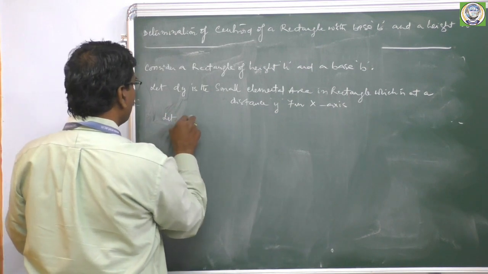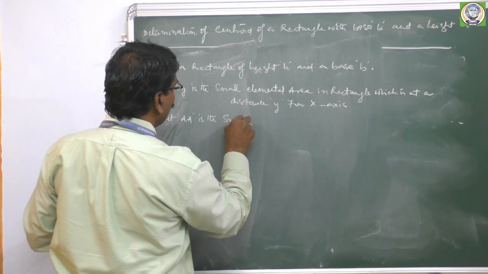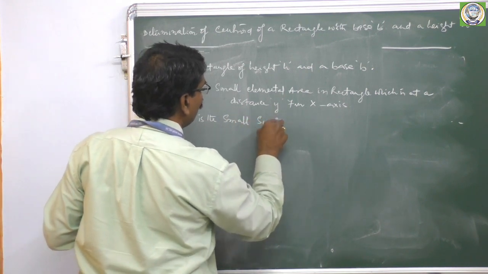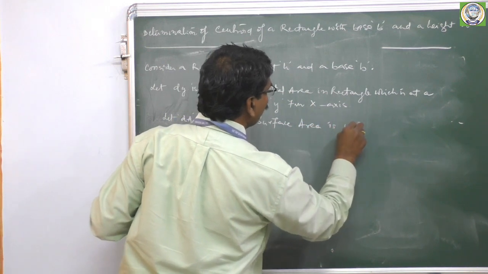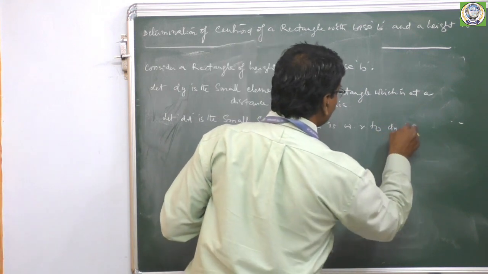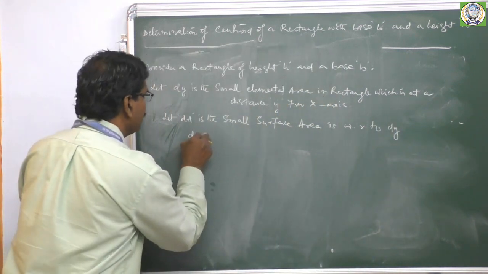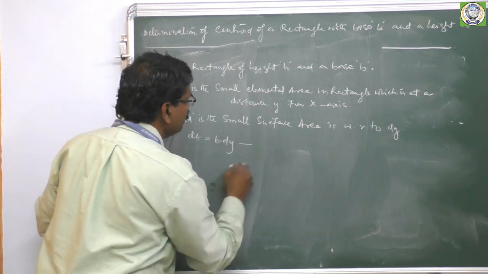Let dA is the small surface area with respect to dy. Hence, we can write this dA as dA is equal to b into dy. I can call it as equation 2.